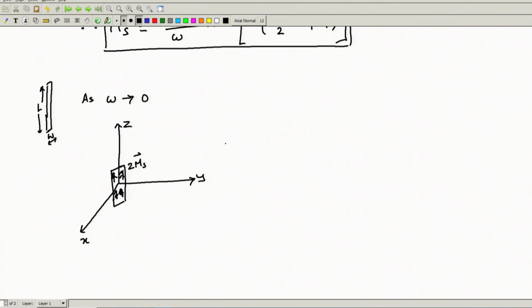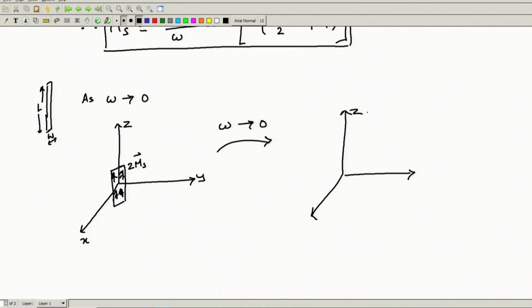Now when W is made very small, what will happen is the equivalent magnetic current will then behave as a line filament. So now we can draw this problem like this.